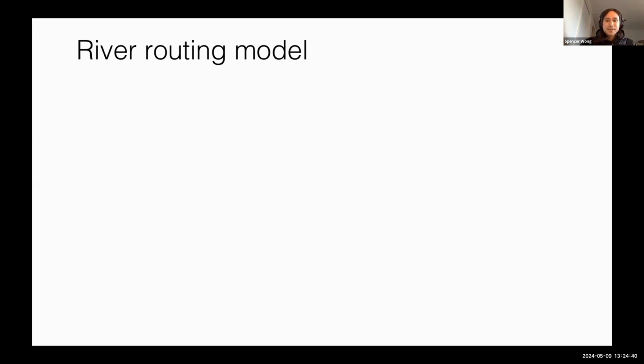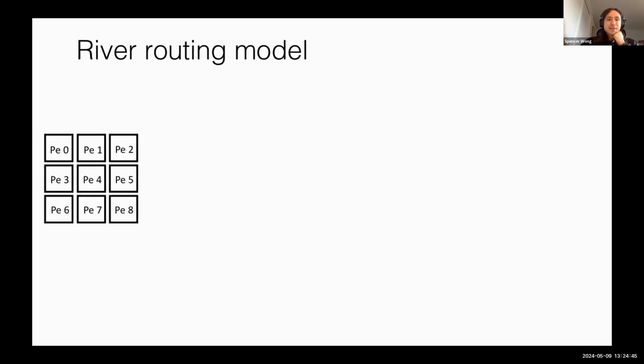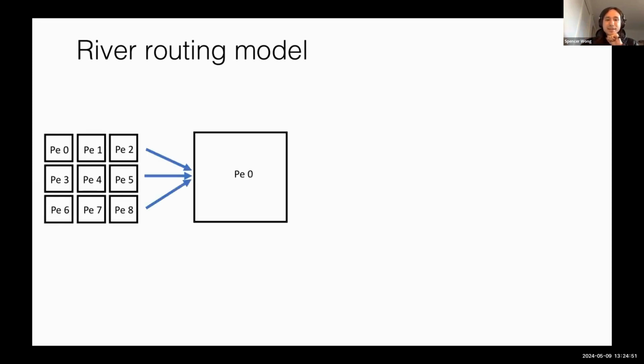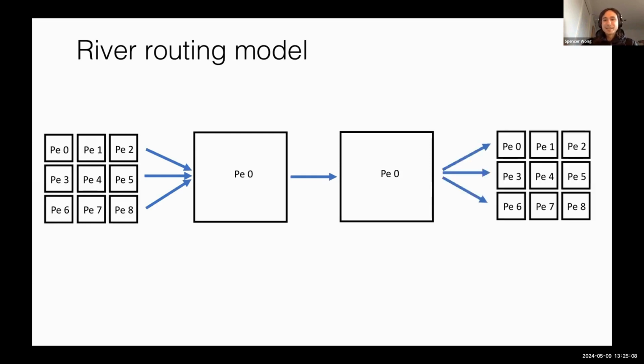So schematically, what the river routing model does is it starts off with each of its variables broken into patches spread across the different processes, and uses a subroutine called gather field to glue those patches together into a single global field on a single processor. From there, it runs its river routing update and updates all the variables, and then splits them back across the processes.